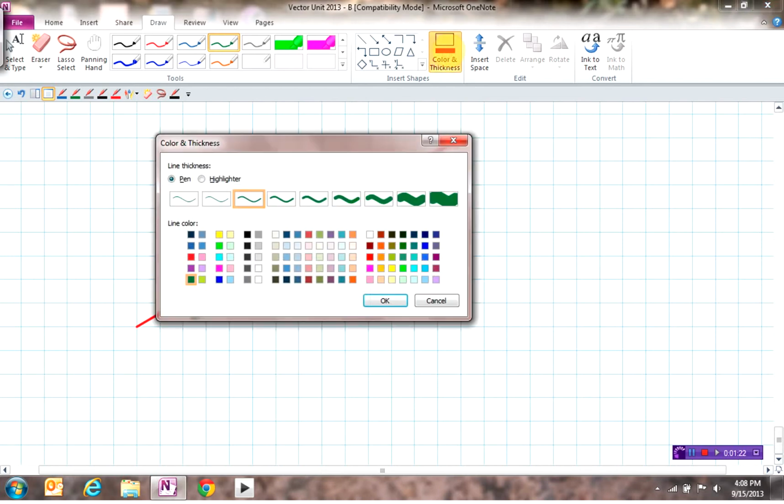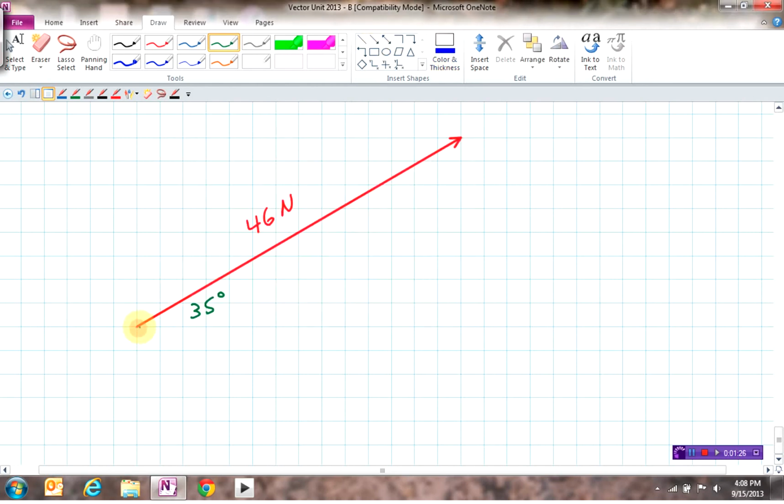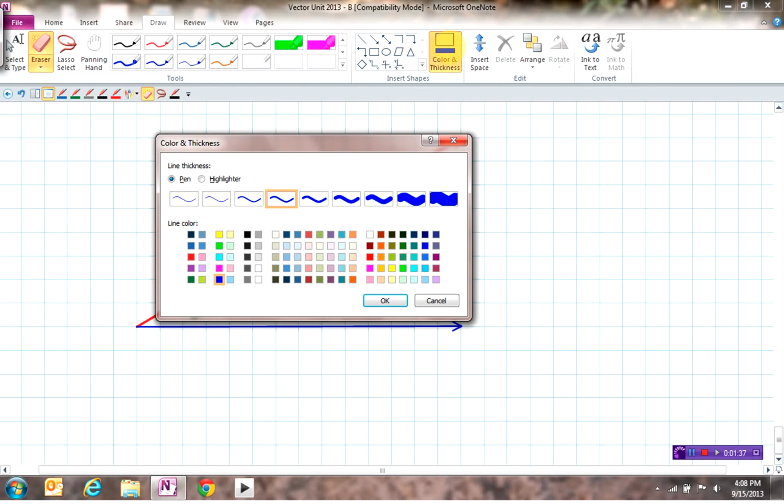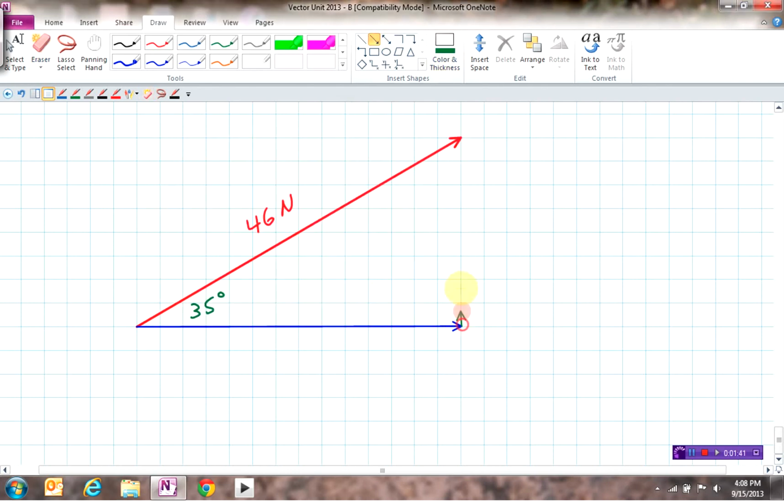So let's put them in. First, the horizontal component, which would be a vector like that, followed by the vertical component, which would be a vector like that.